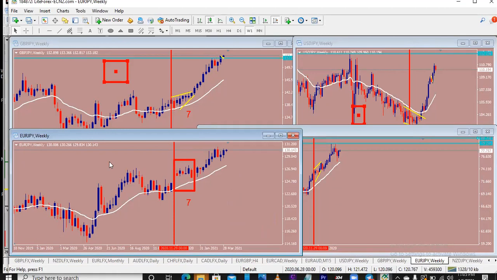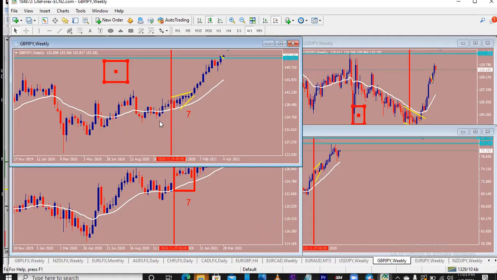But let me explain something for you. If you look at it, how many bars did you take note of? 7 bars, right? Yes, sir. Now we took note of 7 bars. Now I want you to take note of something. This is the power of the index. It took them 7 days, 7 bars.